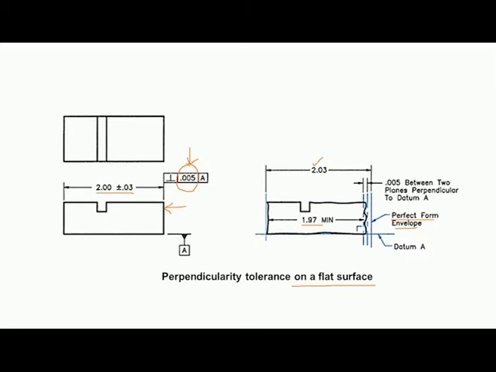Now, coming to the perpendicularity tolerance, you can see here this is 1.97 and this one is 2.03.